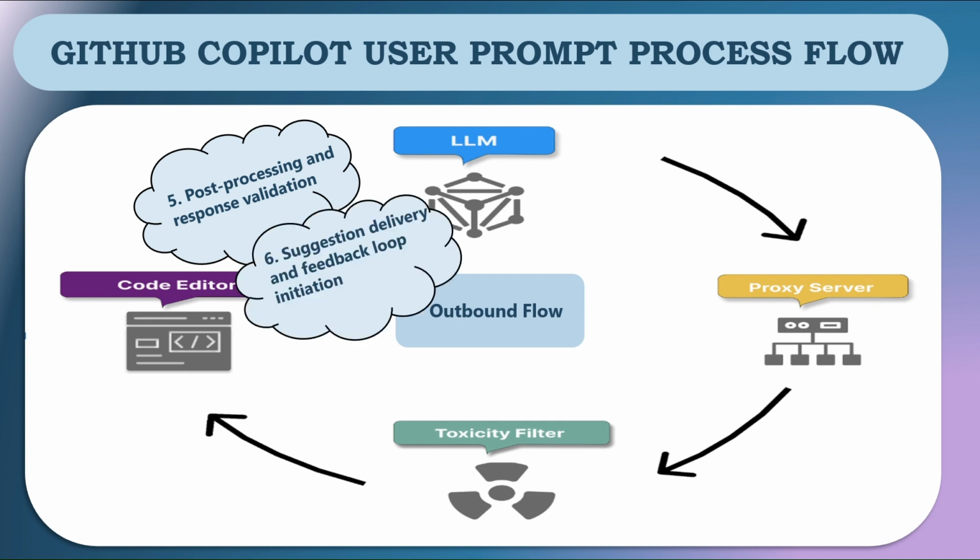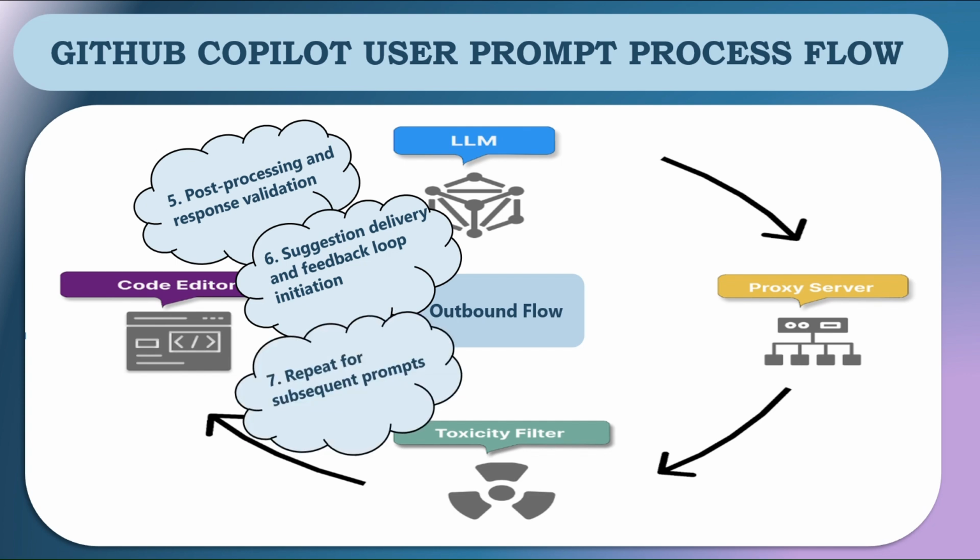The second check is suggestion delivery and feedback loop initiation, in which only responses that pass all filters are delivered to the user. Copilot then initiates a feedback loop based on your action to achieve the following: grow its knowledge from accepted suggestions and learn and improve through modification and rejection of its suggestions.